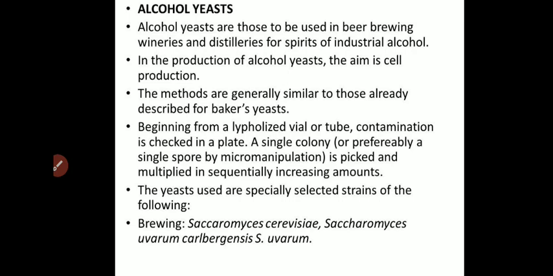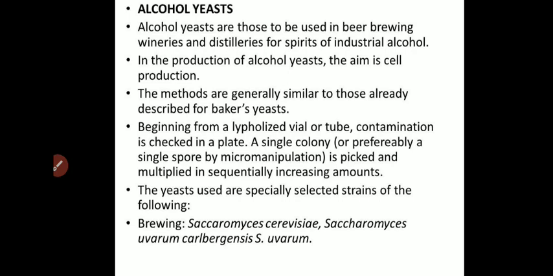In the production of alcoholic yeast, this process is carried out for the large scale production of the yeast cell, which is used for various purposes in different industries, for the production of beer, for the production of wine.